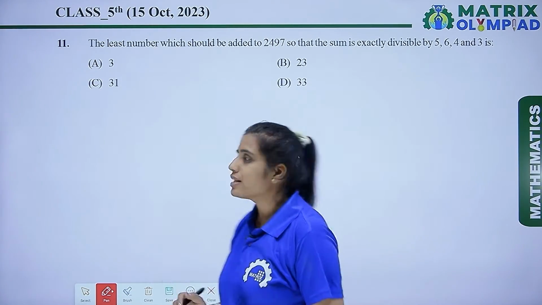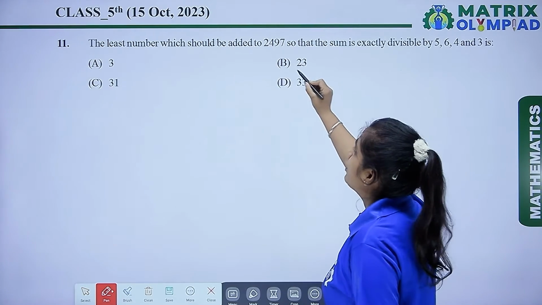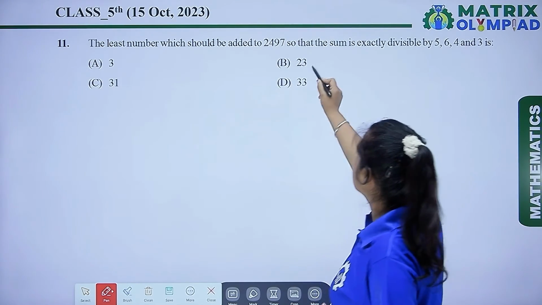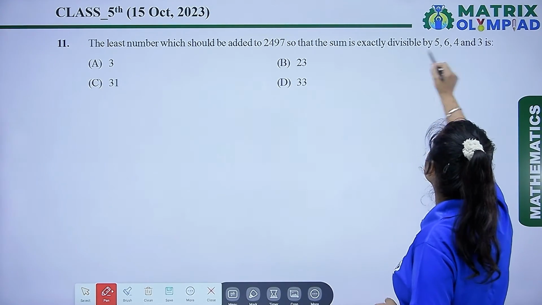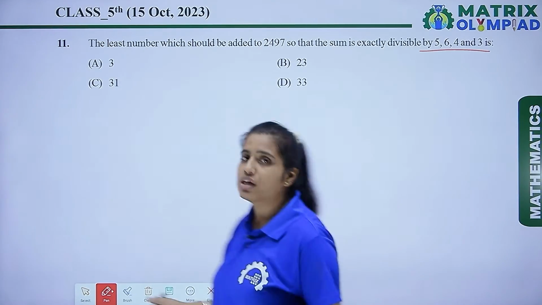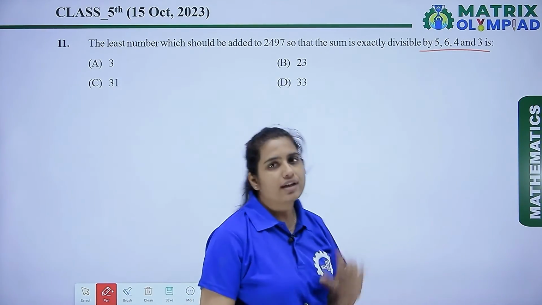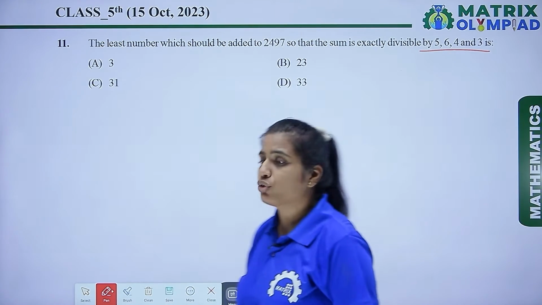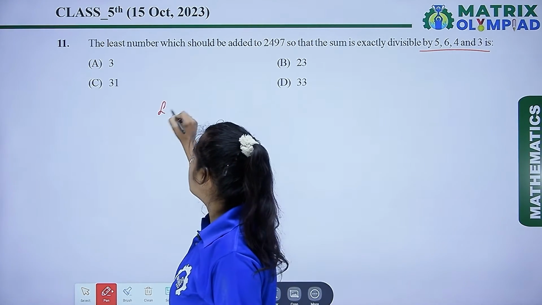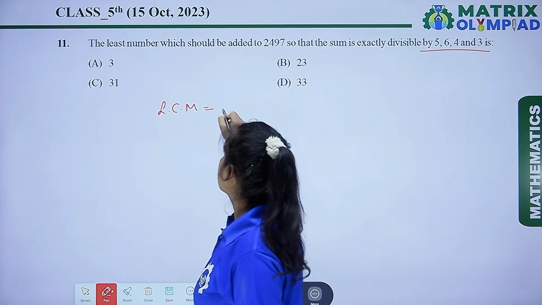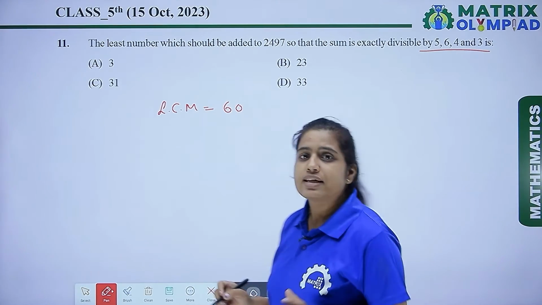The least number which should be added to 2497 so that the sum is exactly divisible by 5, 6, 4 and 3. हमें एक ऐसा नंबर चाहिए जो exactly divisible हो जाए 5, 6, 4 and 3 से. So first of all what we have to do, we have to find out the LCM of these numbers. So LCM क्या हो जाएगा इन numbers का, that is 60.